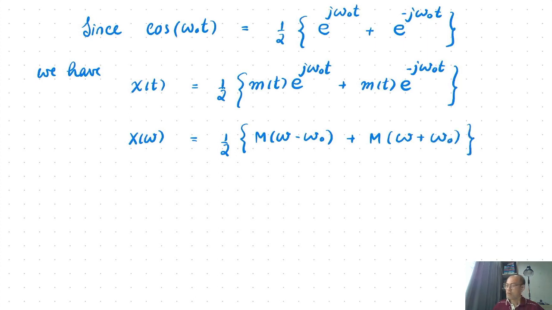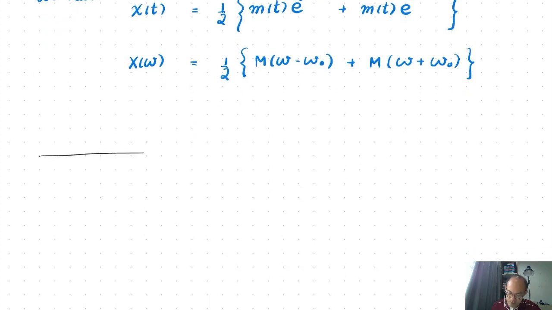What it means is that if you multiply a time signal by a sinusoid at frequency omega 0, the spectrum of the resultant signal will be shifted to the frequency omega 0. For example, suppose the spectrum of m is this.